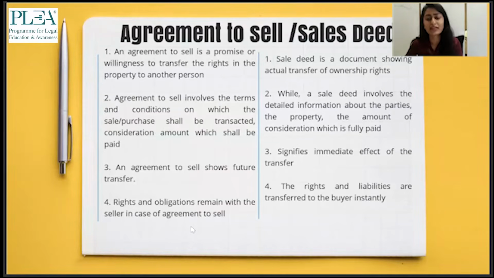So here it says that so-and-so was the consideration amount, 50 lakhs was paid earlier, 50 lakhs is getting paid today, the entire consideration amount is paid, and after the full and final settlement of the amount, the transfer is taking place immediately, as in the entire right, title, interest of the seller is now getting transferred on an actual basis, on today's date, to the buyer. So the sales deed is an actual transfer of ownership which is happening in the present day, and an agreement to sell is a futuristic transaction.